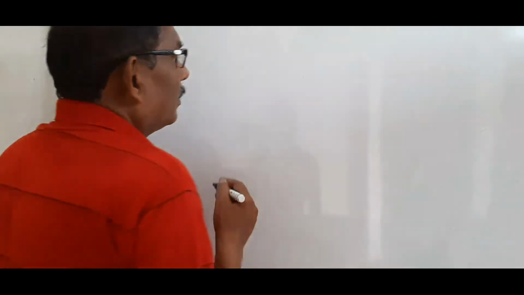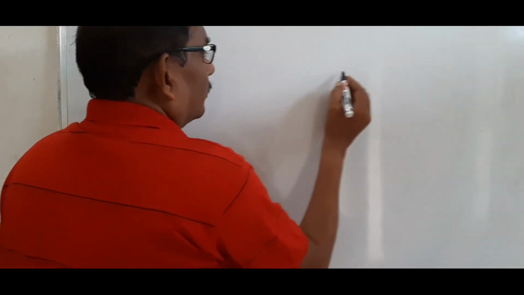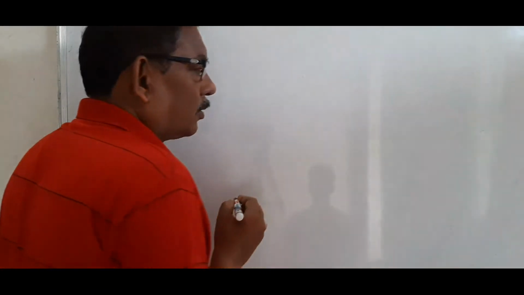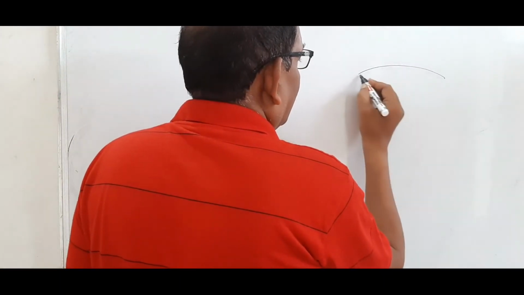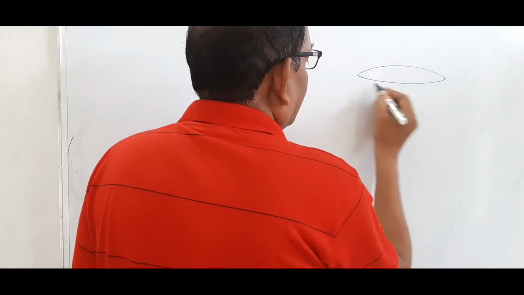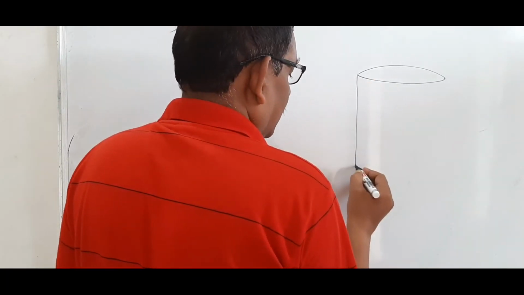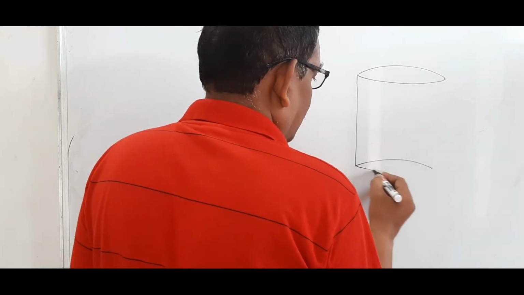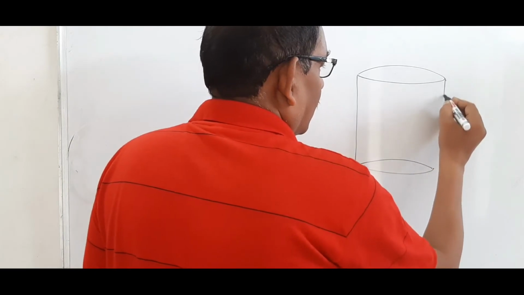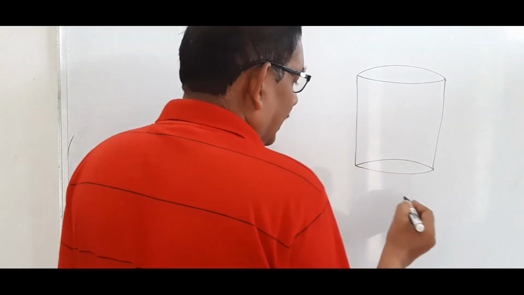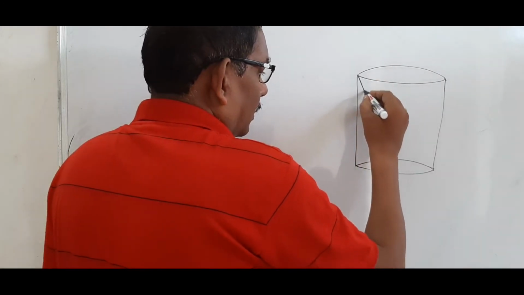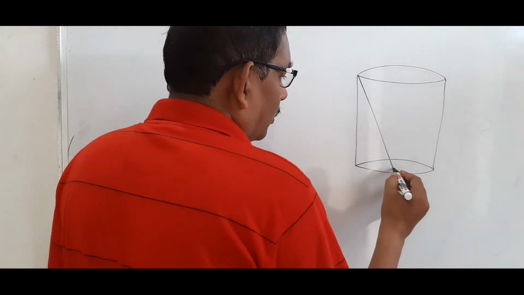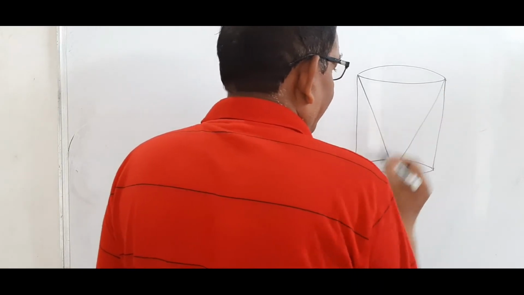Take one example to calculate the total surface area. It is a cylinder, I mean a cylindrical wood, hollowed out in a V shape.